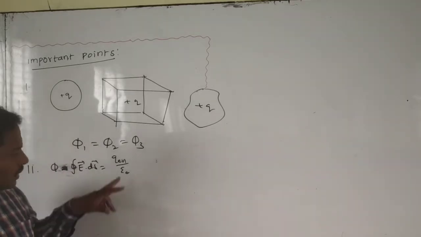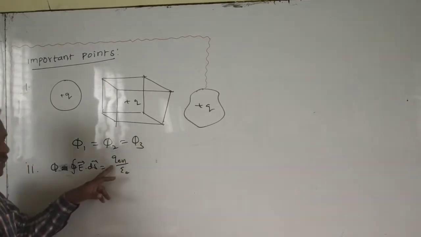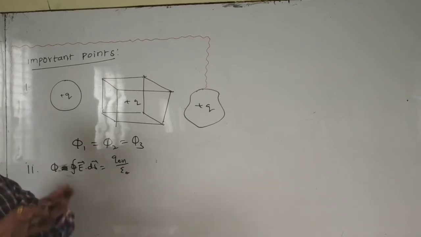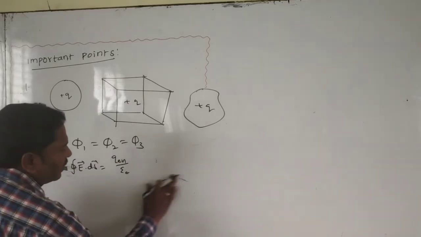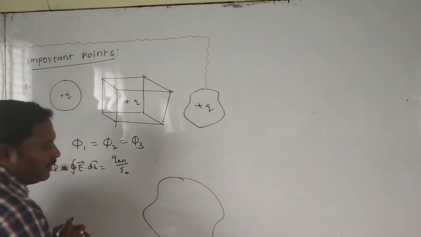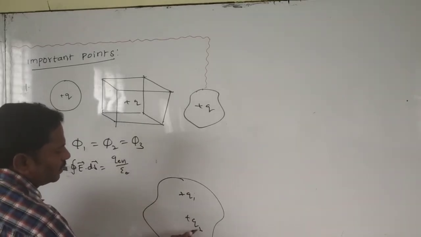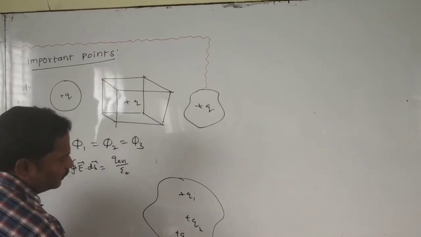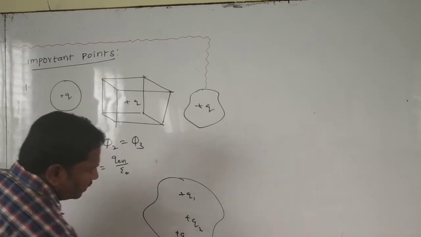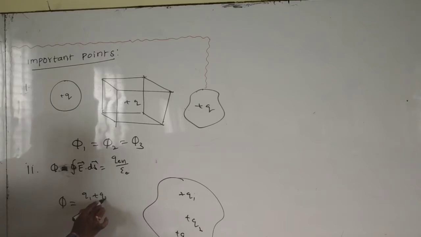Here the charge that appears in Gauss law is the total charge anywhere inside the Gaussian surface. Suppose this is the Gaussian surface with plus q1, plus q2, plus q3 inside, and q4 and q5 outside. So here flux equals q1 plus q2 plus q3 by epsilon naught.